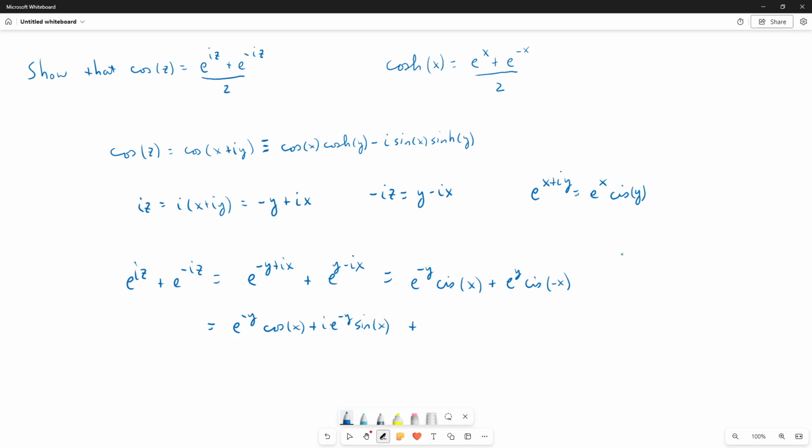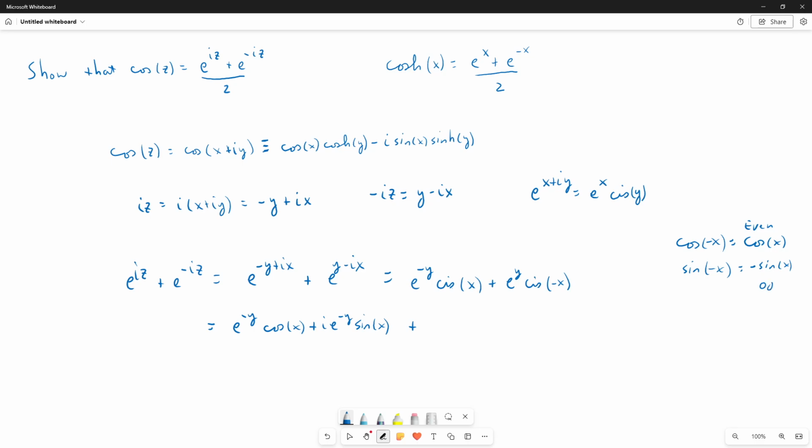Now here we're going to be doing cosine of negative x and sine of negative x, since we have cis negative x. So let's just note on the side here that cosine of negative x is the same as cosine of x. The cosine function is an even function. And the sine of negative x is negative sine x.